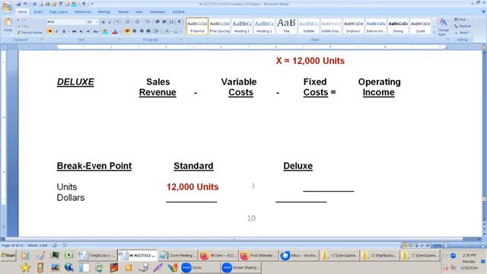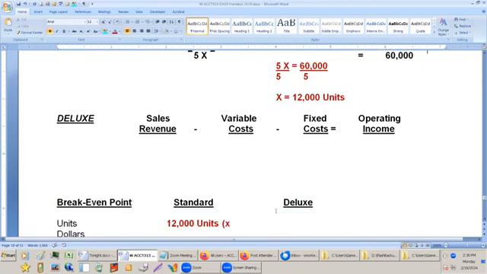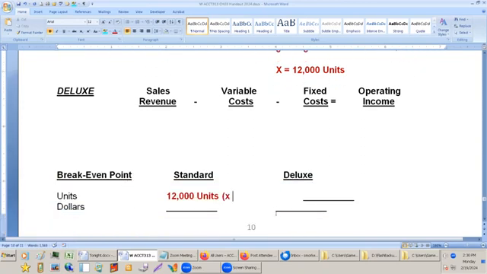And for the break even in dollars, I'm just going to put it over here on the side. We're selling those for $25 each. So 12,000 times $25 is 300,000.